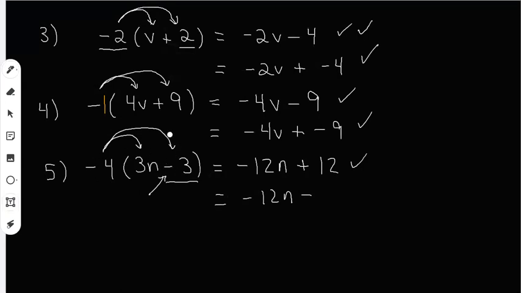I would have a negative 4 times a positive 3, which is a negative 12. But as you know, we have a double negative right here. And that double negative turns into a positive. So I get the same answer back again, no matter which way I do it. Okay? And that's just because the double negative is going to give me a positive.